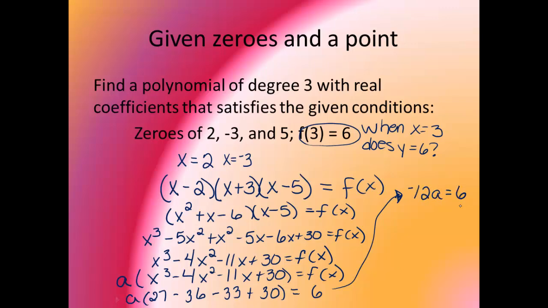So since that doesn't equal 6, I must have this a value of -1/2. And so that -1/2 needs to go in front of my function.